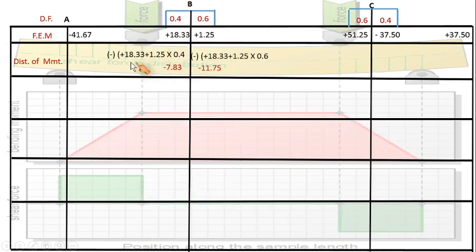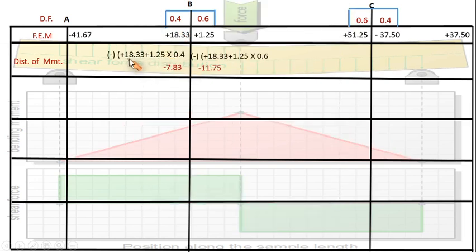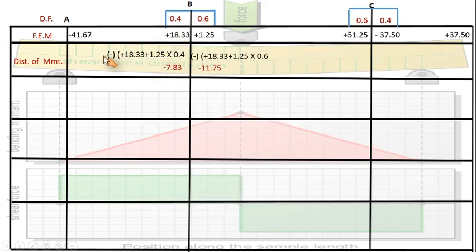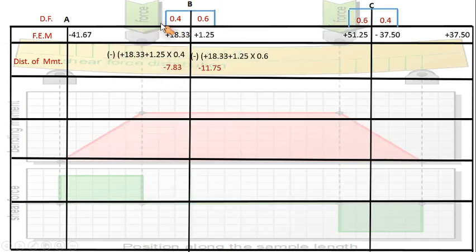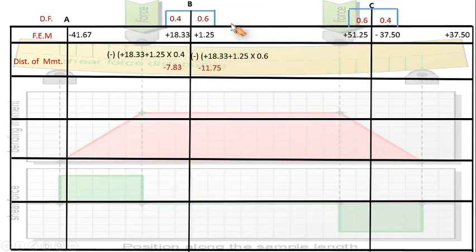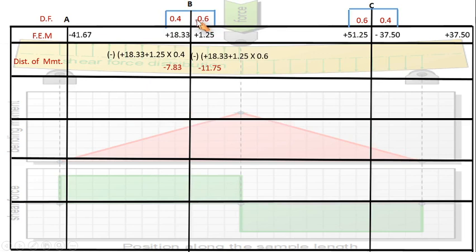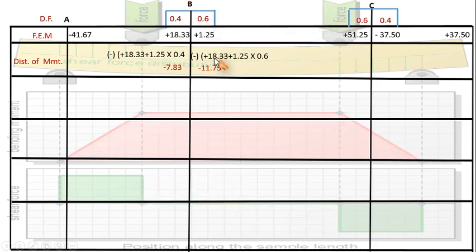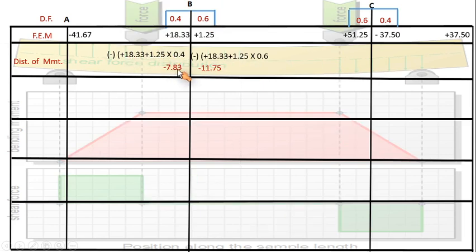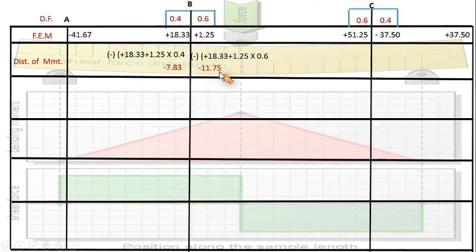Is it okay? So here I have done the algebraic summation multiplied by 0.4 and taken its negative value into account. Same is the case with this: the difference of these two multiplied by the negative of the distribution factor for BC. So this is how we get the value of this simplification, minus 7.83 on the left hand part, and on the right hand side of B, 11.75.